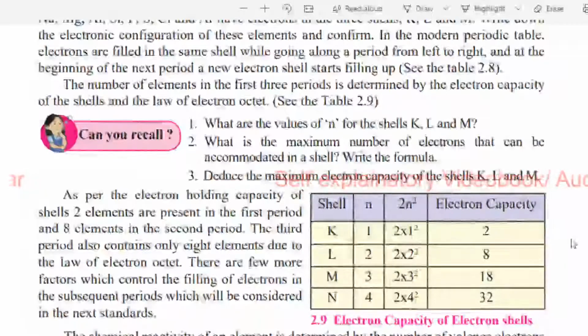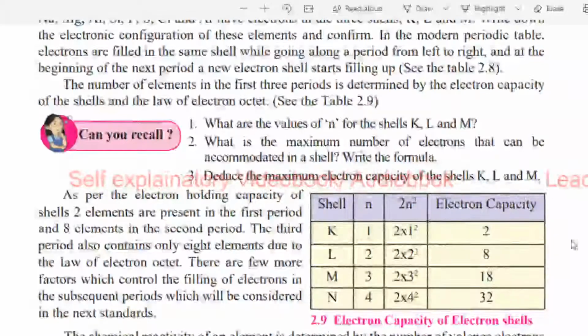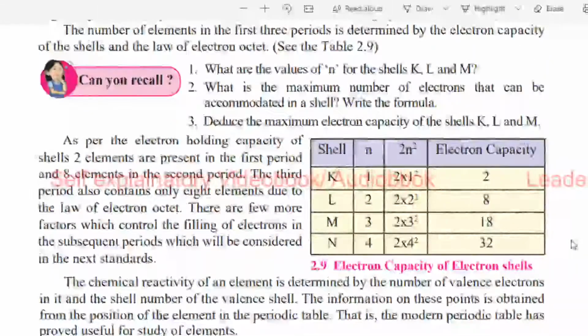As per the electron holding capacity of the shell, 2 elements are present in the first period and 8 elements are in the second period. The third period also contains only 8 elements due to the law of electron octet. There are a few more factors which control the filling of electrons in the subsequent periods, which will be considered in the next standard.